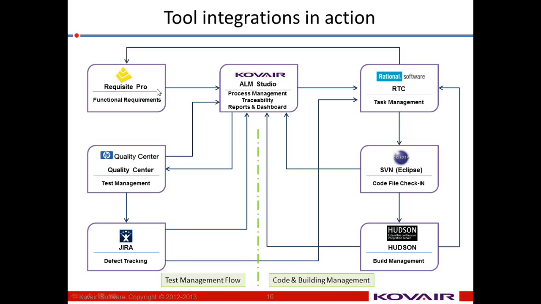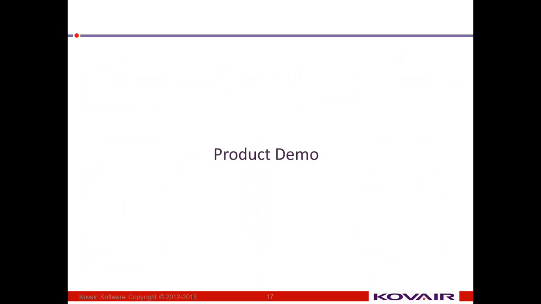So sitting in the Requisite Pro tool, people will get to know which stage the requirement is actually in, and how many defects there are. All that information should be available to the person who is using Requisite Pro. So over to Shomunil.